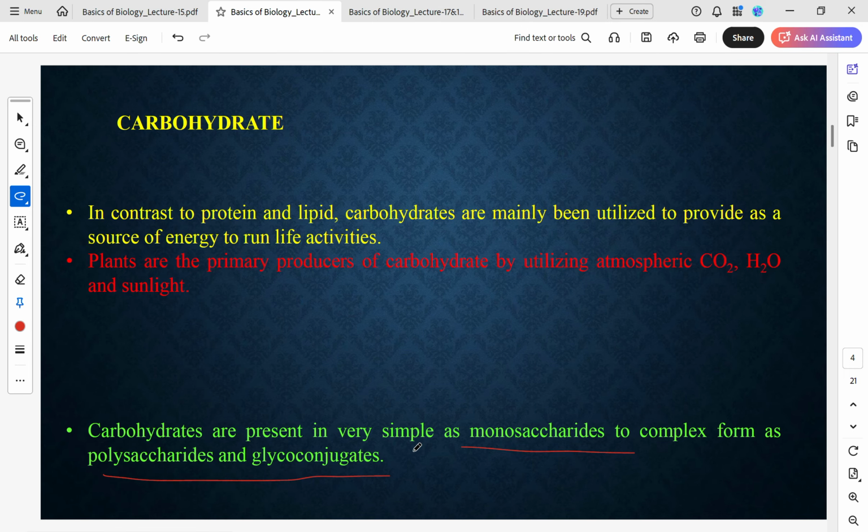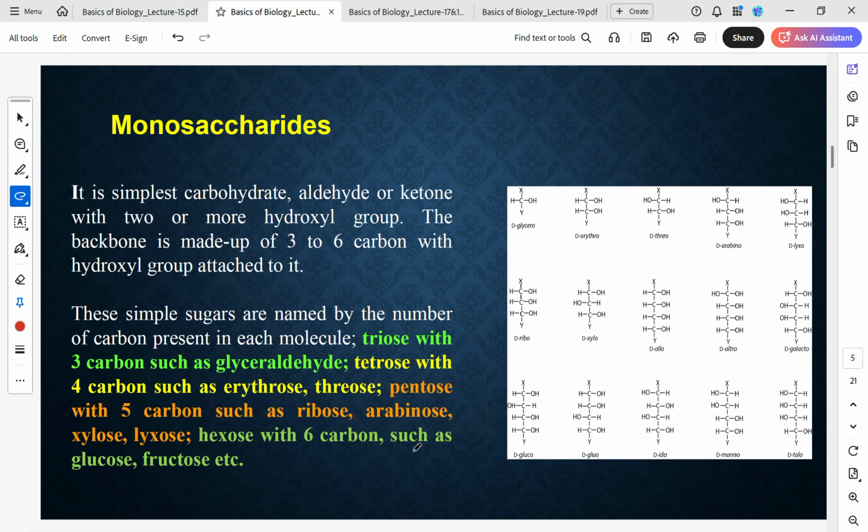They can therefore be glycolipids, glycoproteins, etc. Coming to the simplest carbohydrates, monosaccharides are aldehydes or ketones with two or more hydroxyl groups. The backbone is made up of 3 to 6 carbons with the hydroxyl groups attached to it.